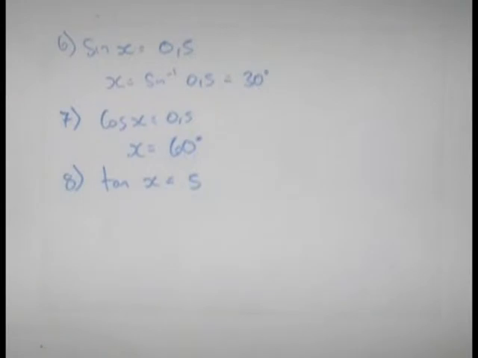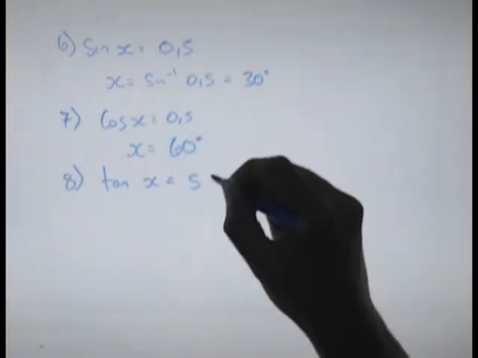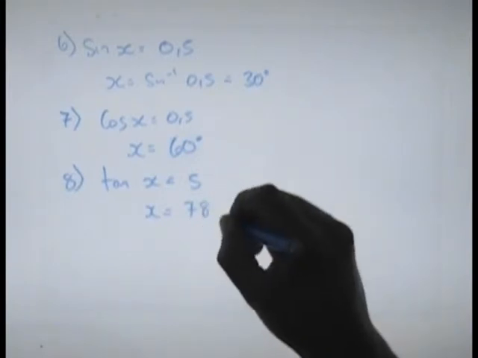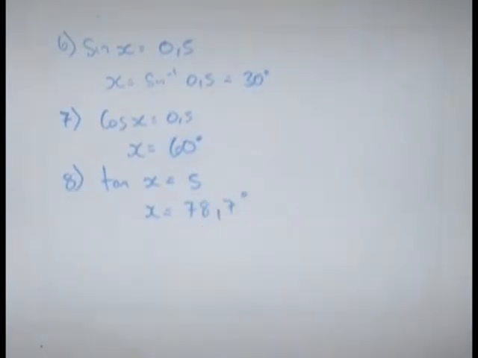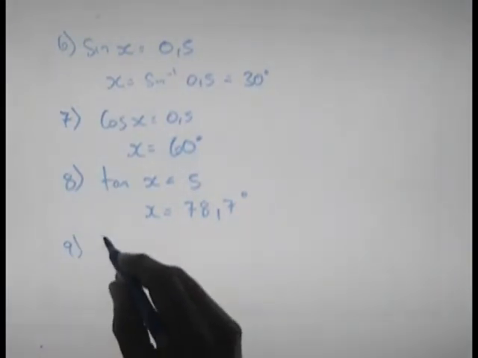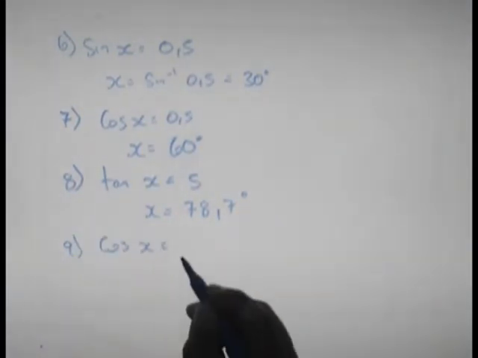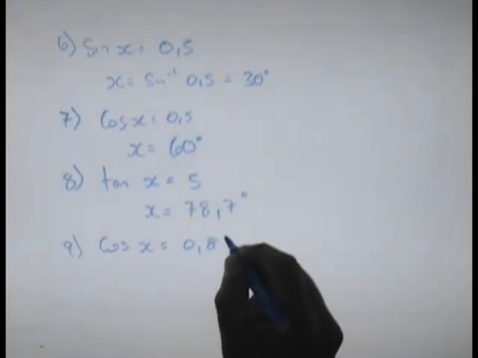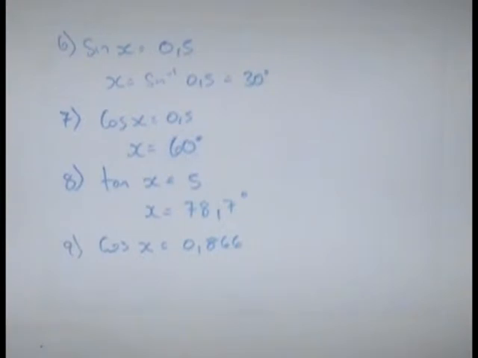Number 8, tan of x is equal to 5. Second function tan of 5 is equal to 78.7 degrees. Number 9, cos of x is equal to 0.866.